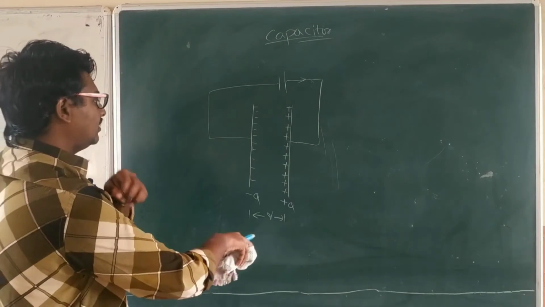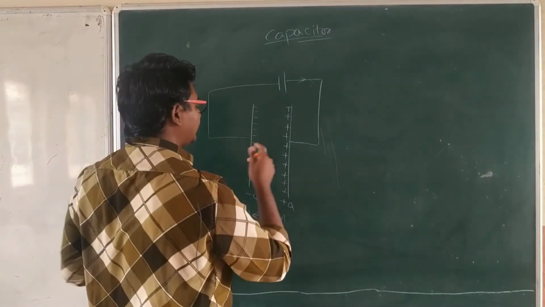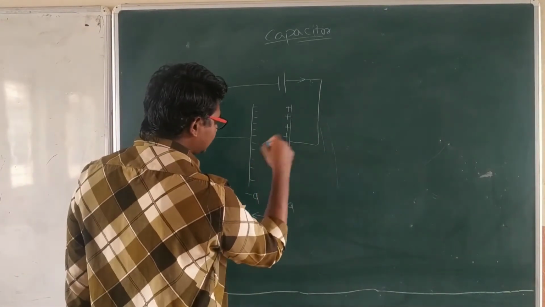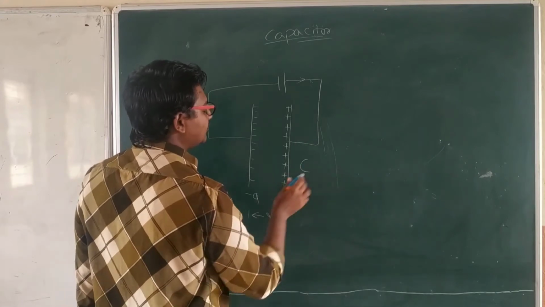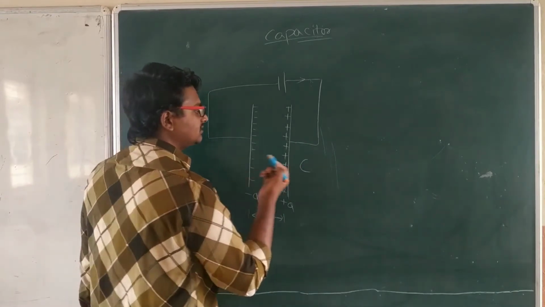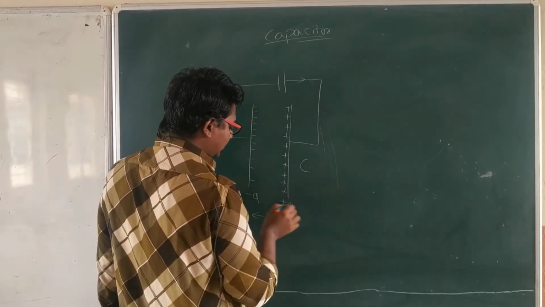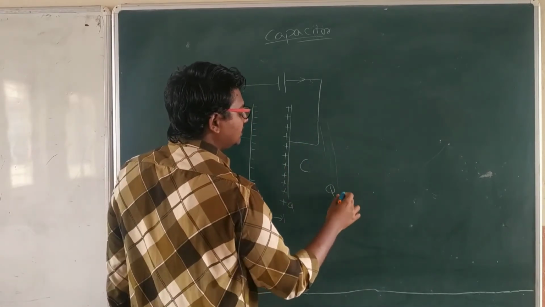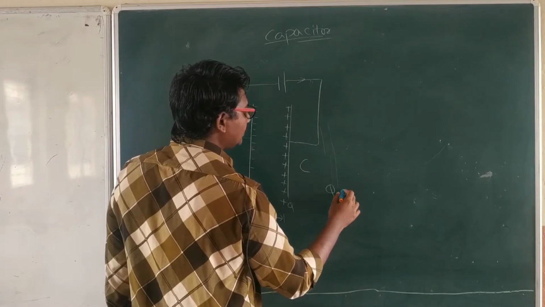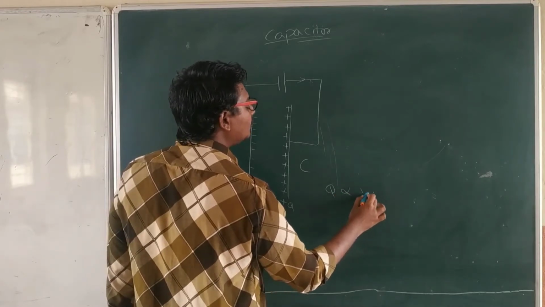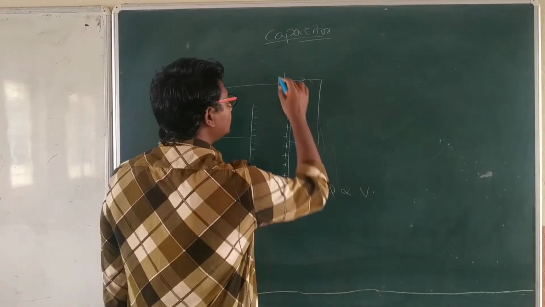Right. Now the capacitance of this arrangement is C. Here, whatever charge we are getting, it is directly proportional to voltage. It means that the accumulation of charge depends on how much voltage you are supplying.